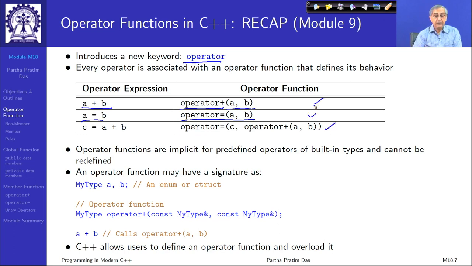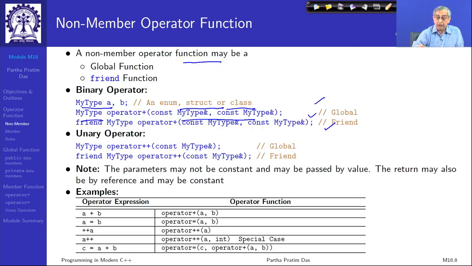So, this is in C++, you can think of these as operators. Now, there could be several non-member operator functions. That is, an operator function could be a global function or it could be a friend function.